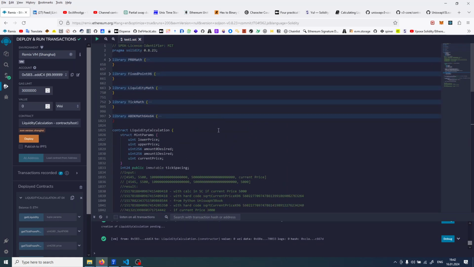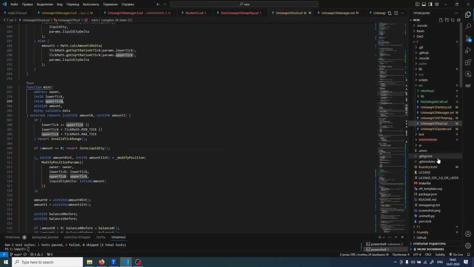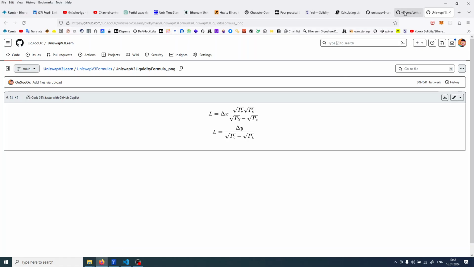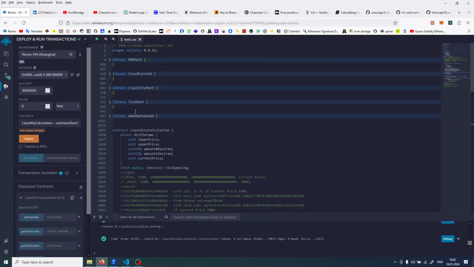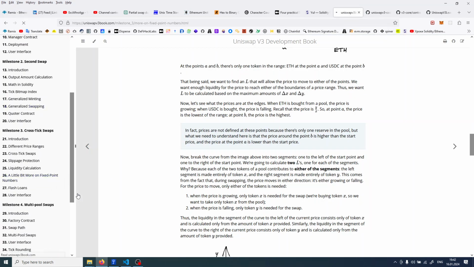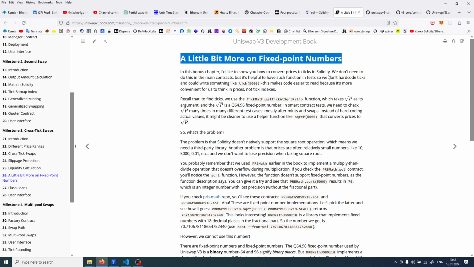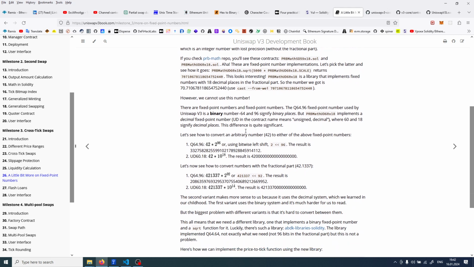And official Uniswap V3 uses the full math library for calculation of liquidity. They don't use EBDK. EBDK is a library from this book. You can read about it in the third milestone in this term.